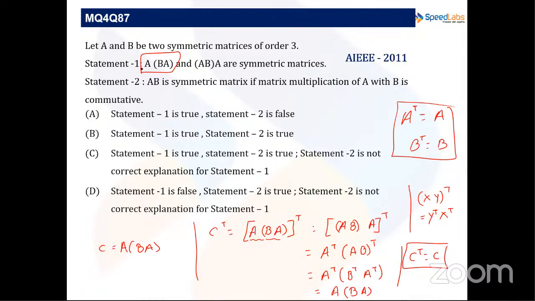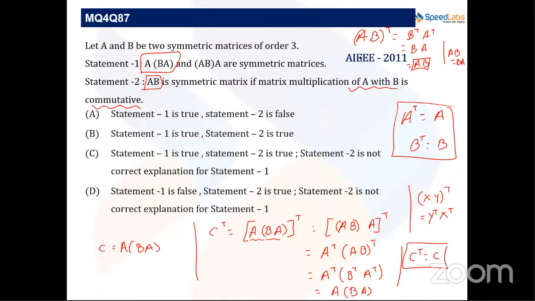Now moving to the second statement. Our second statement is AB is a symmetric matrix if matrix multiplication of A with B is commutative. So if we take AB whole transpose, then it will be B transpose into A transpose. B transpose will be B and A transpose will be A. It is given that AB multiplication is commutative, that is AB will be equal to BA. So this will be equal to AB.